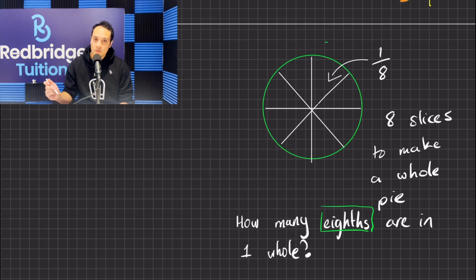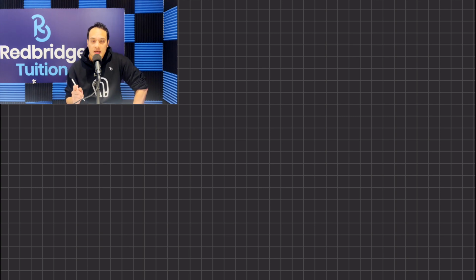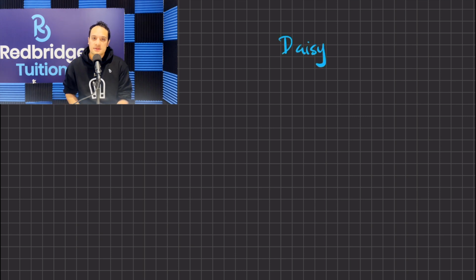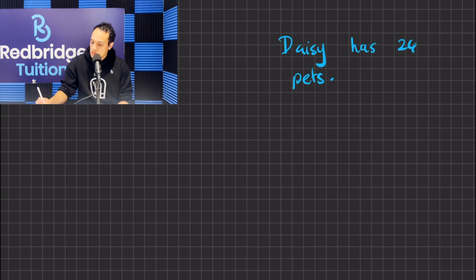I also mentioned that a fraction can be a part of a total. Okay, so we're just going to go away from this idea of dividing pizzas and pies and cakes that we can slice up, and think about, let's imagine a character called Daisy. Now Daisy, she's got 24 pets. Let's say she's got 4 dogs, she's got 7 cats, 8 hamsters.